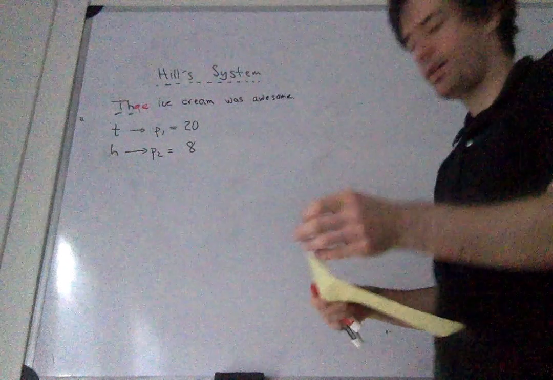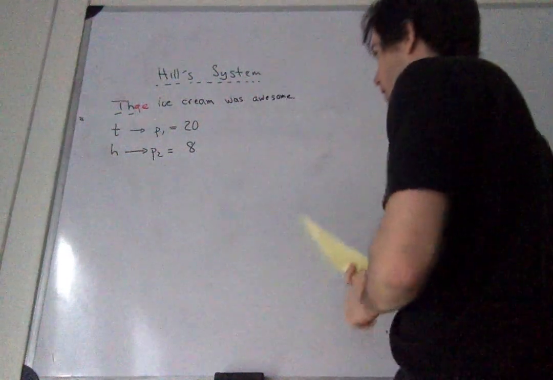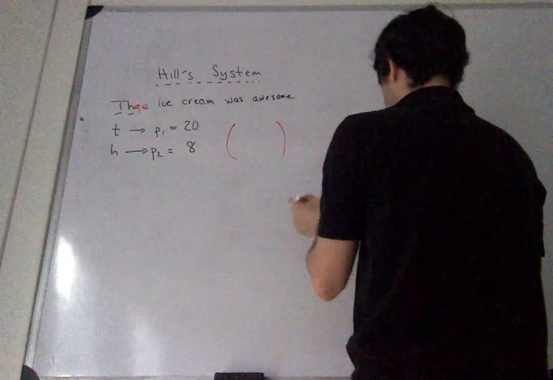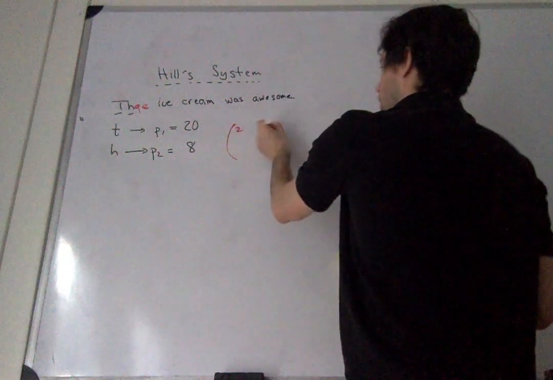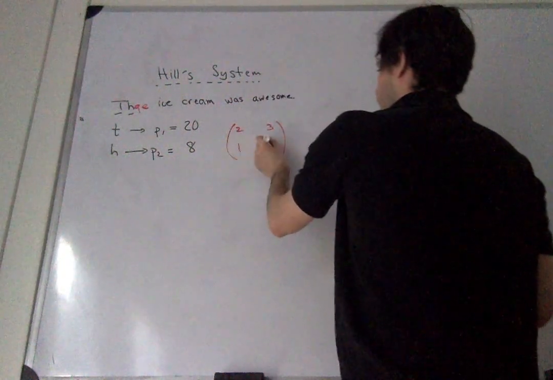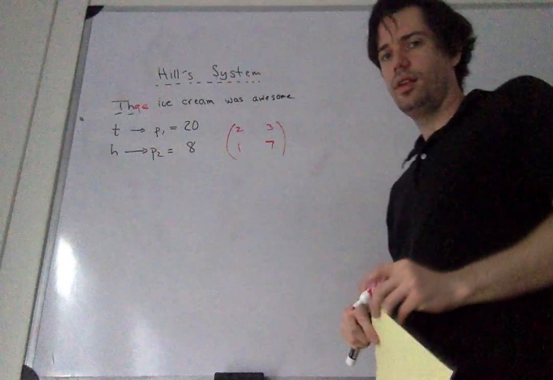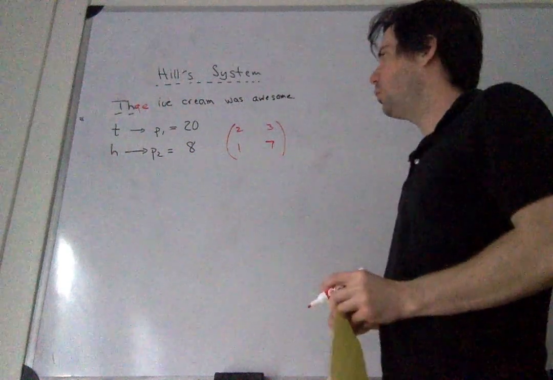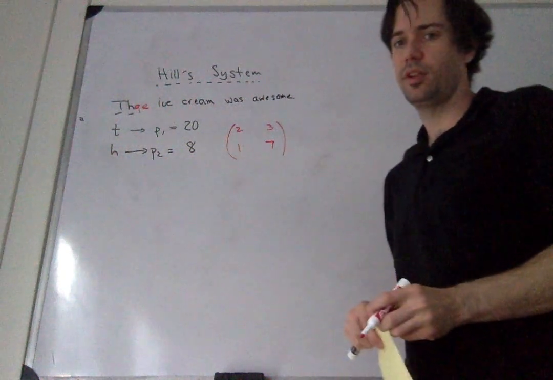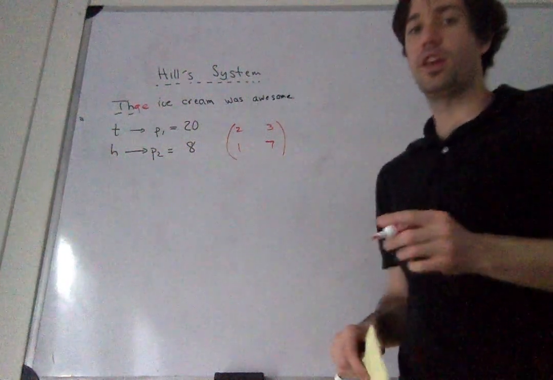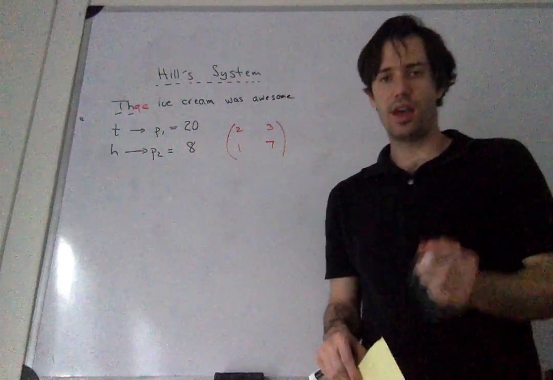Now, I'm going to pick a matrix to serve as my key, and I'm going to use 2, 3, 1, and 7. Okay? Now, in a little bit, I'm going to talk about what sort of keys are acceptable. It's going to turn out that the determinant of the matrix is going to have to be co-prime to 26.